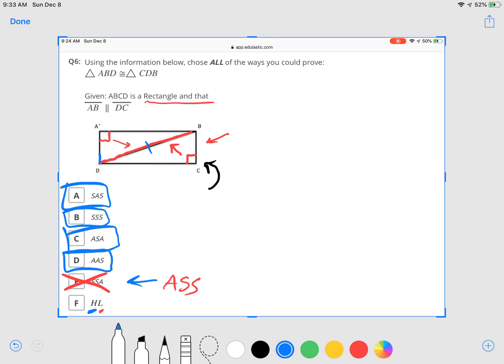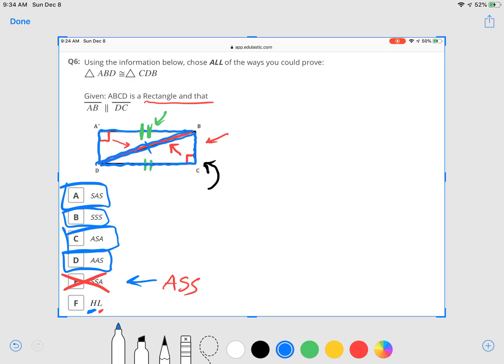Well, for this triangle at the top, ABD, one of its legs is this one up here. And this side up here is the same as this one down here. And guess what? That's one of the legs of the bottom triangle.